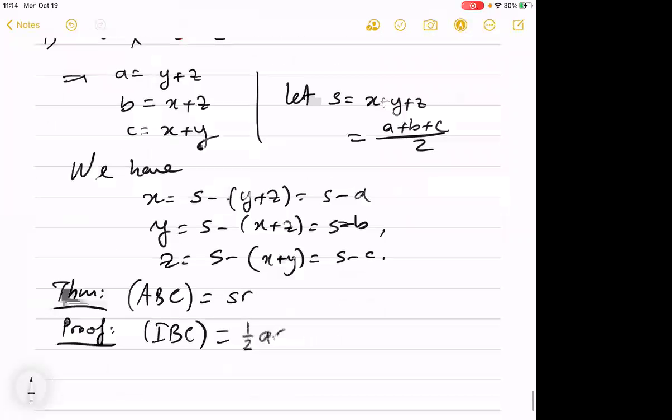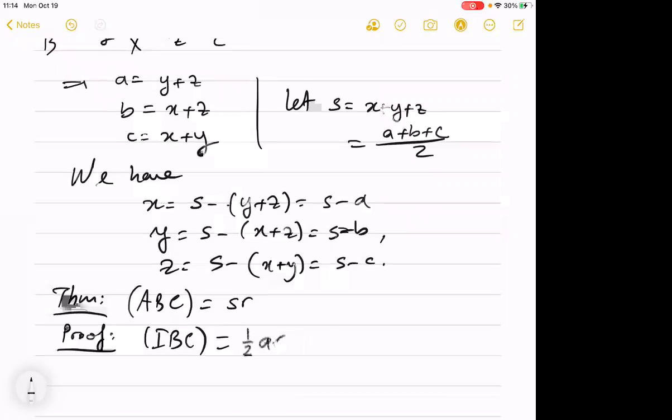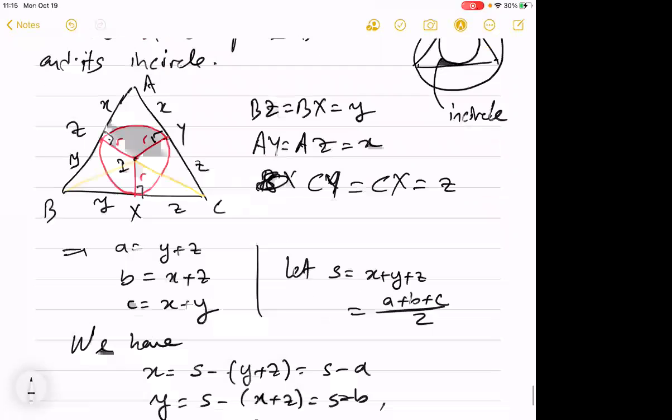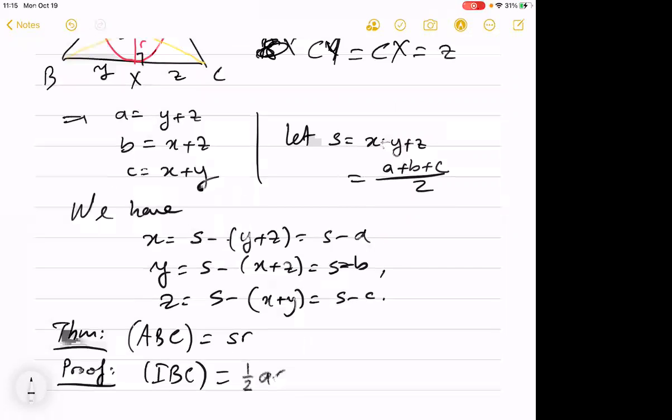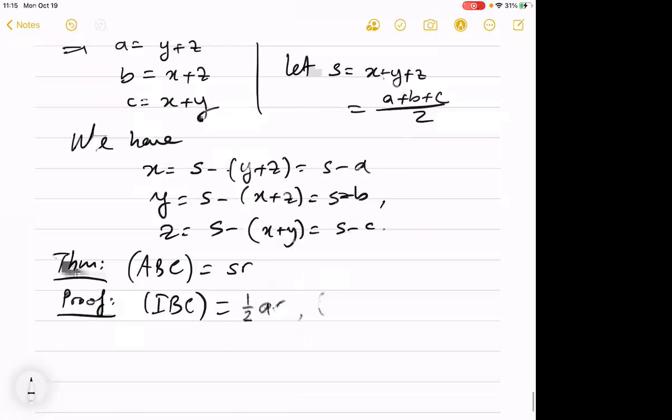Okay. Any questions? Okay. This is the area of IBC, and similarly, the area of ICA. Oh, something happened.